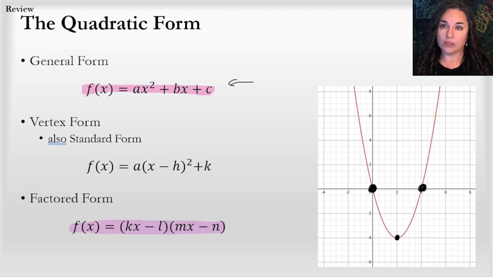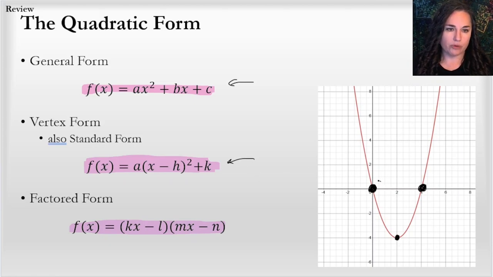So this parabola can be expressed in these 3 different ways. And sometimes we're given different forms, and we need to be able to work with them, or we need to come up with these different forms. Like, how do I get information from a graph in order to write one of these forms? A lot of times if you're given a parabola, the vertex form is going to be easy.